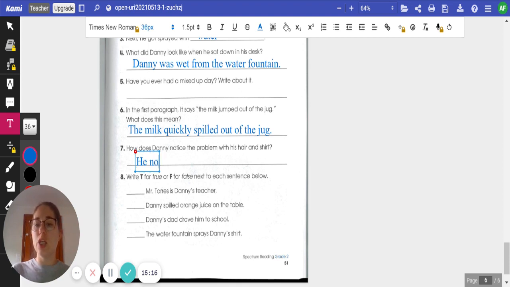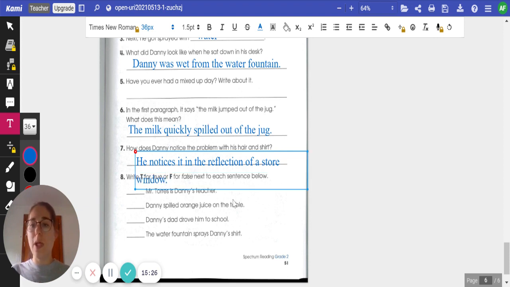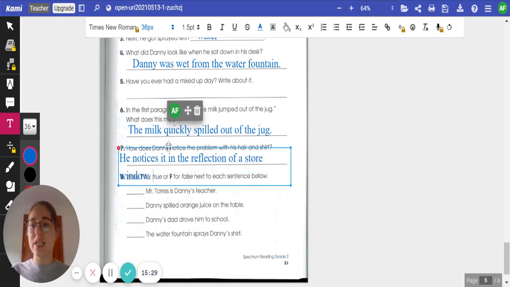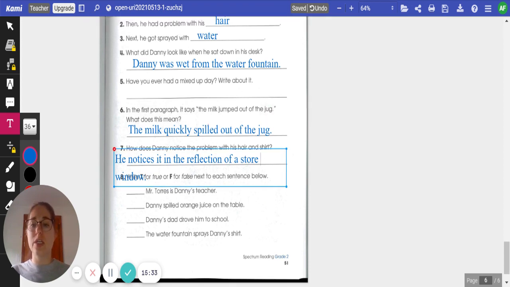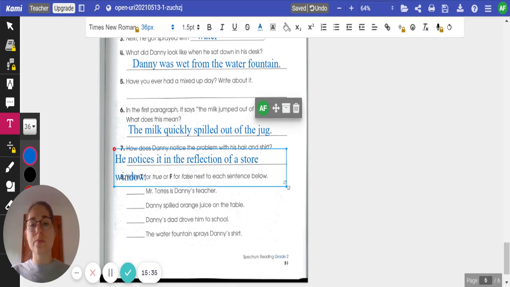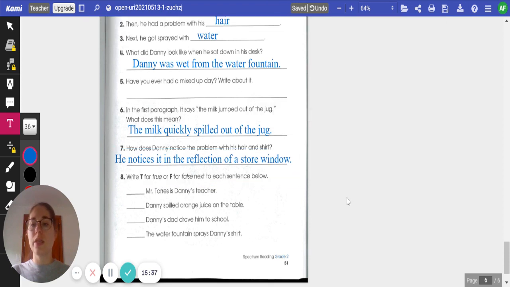So let's say he notices it in the reflection of a store window. He's walking to school, and in the window, he sees that his hair is a little messed up and that his shirt and pants don't match. Go ahead and pause to get caught up.